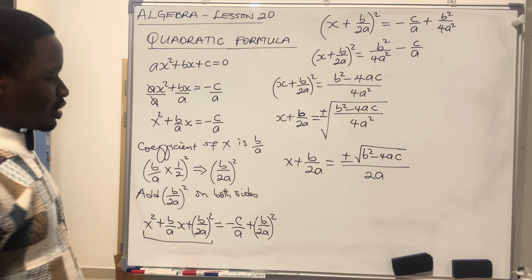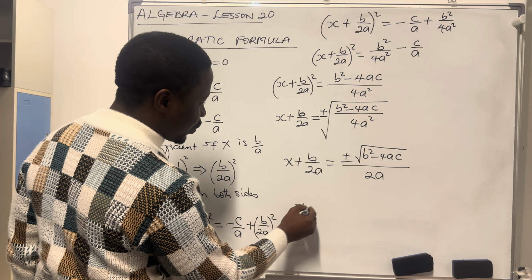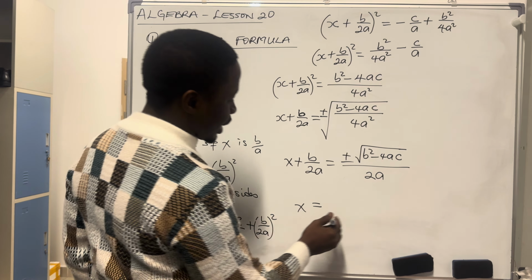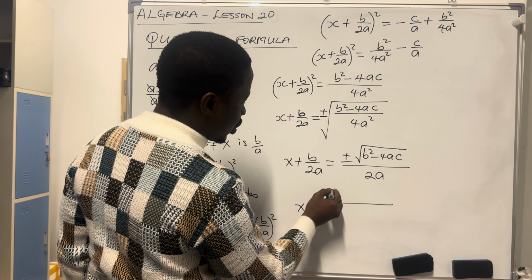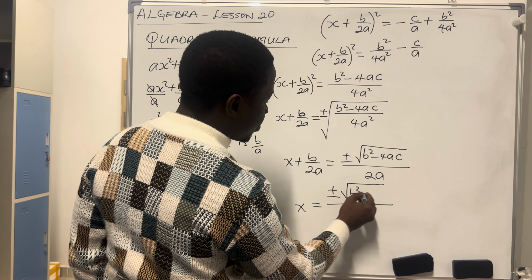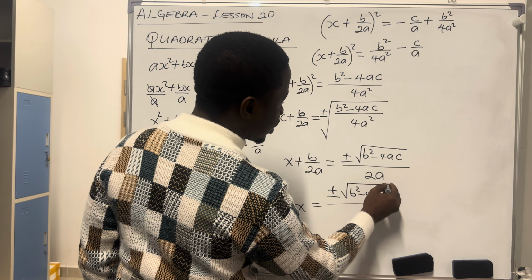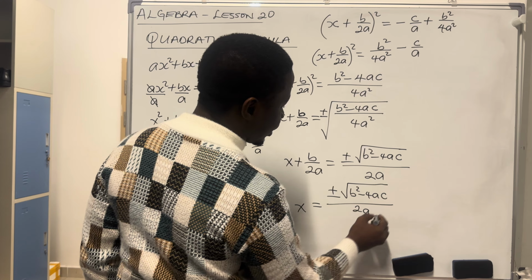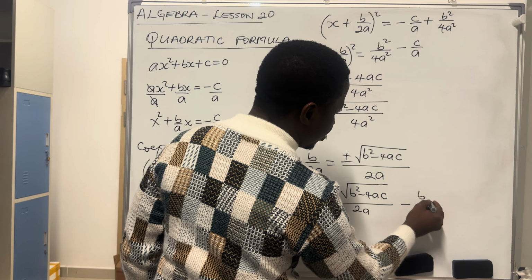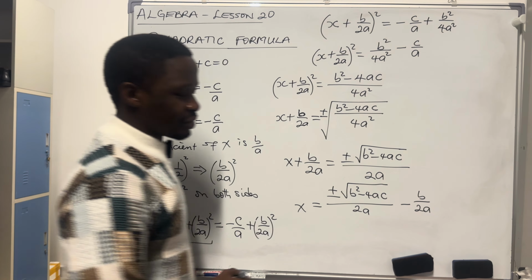You see it? So we need only x. So if we need only x, this one has to go to the other side. So plus or minus the root of b squared minus 4ac over 2a. Then this one goes to the other side, minus b over 2a.